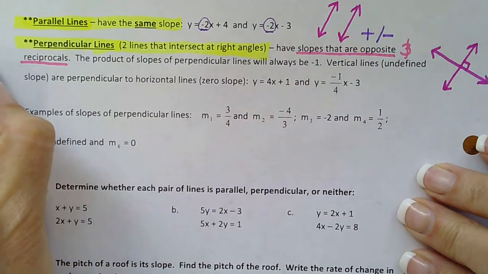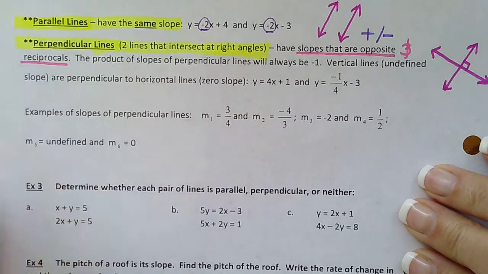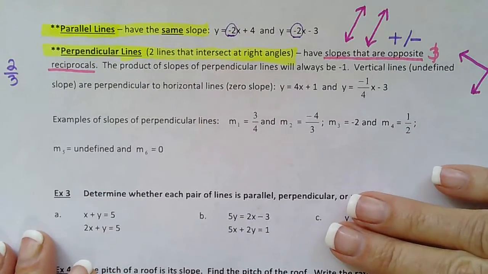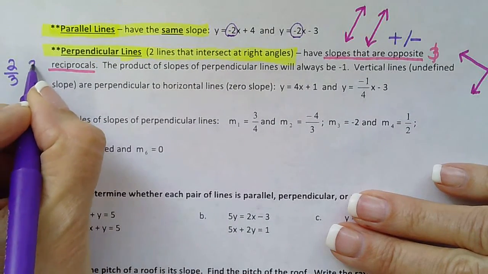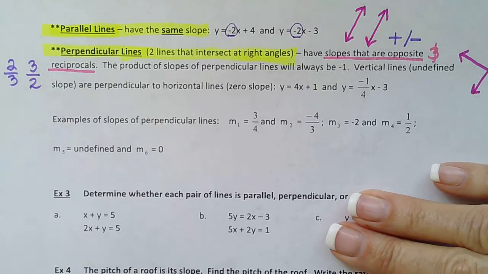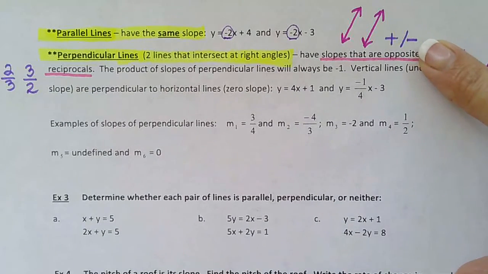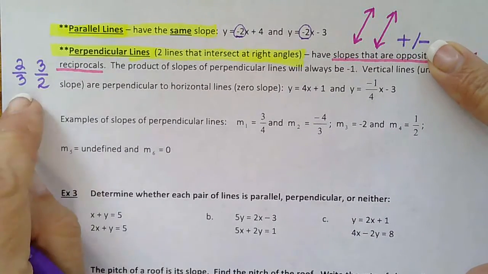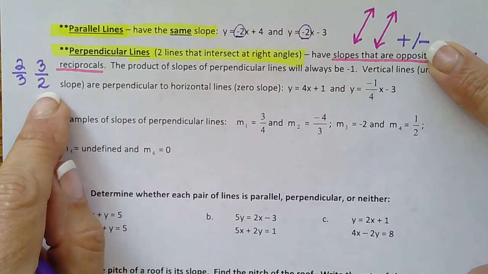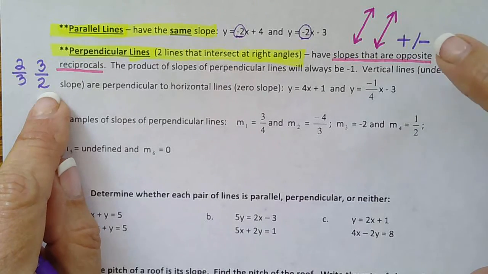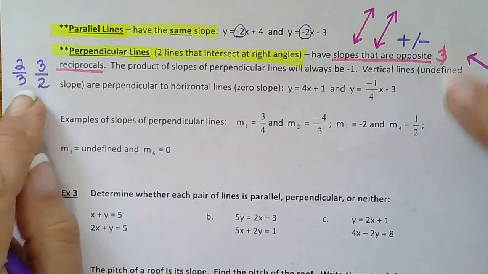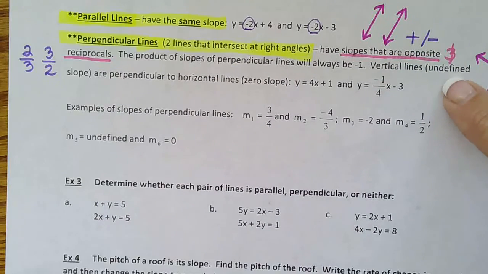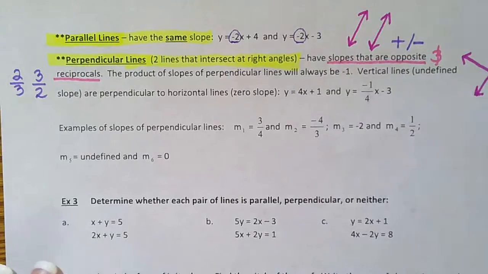Reciprocal means if 2/3 is one number, the other number is going to be 3/2. So not only do they have to have different signs, they also have to be reciprocal. It can't be one or the other. It has to be both. Different signs and reciprocals. That's why I like to write the word "and" in there.